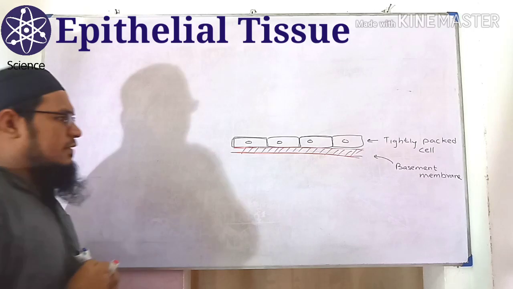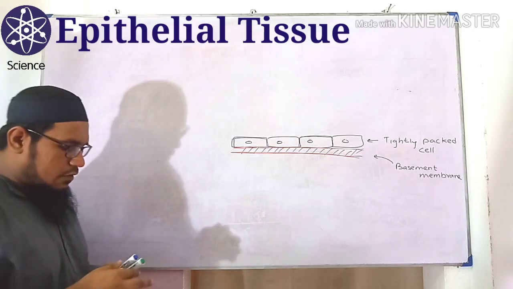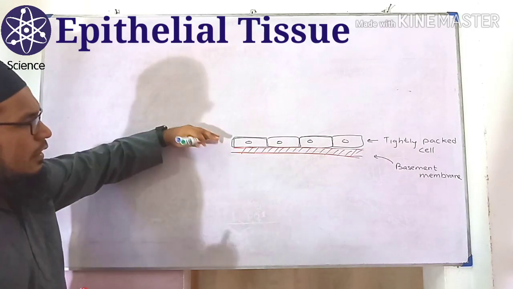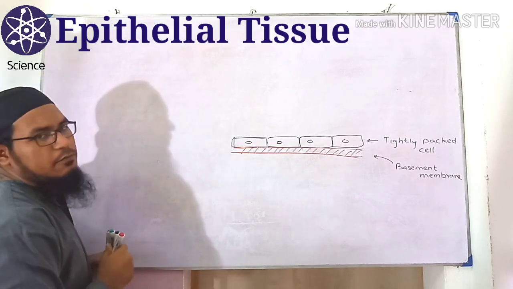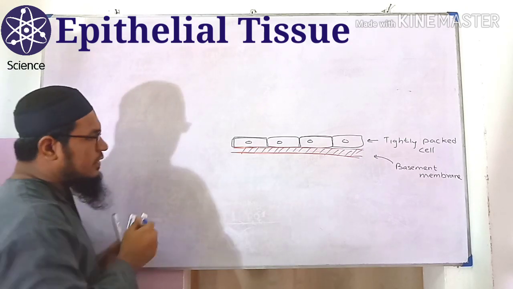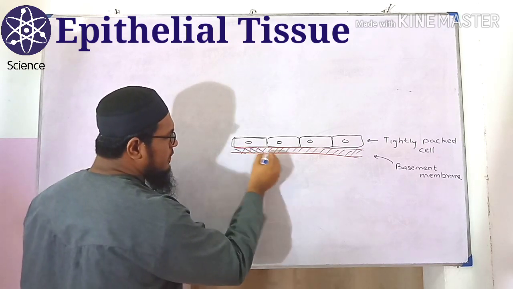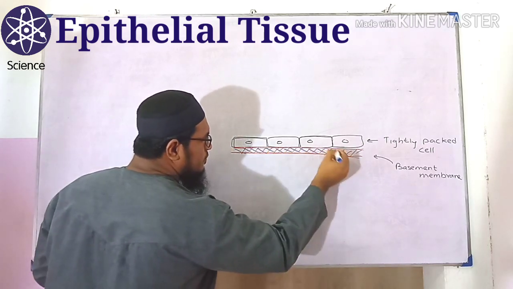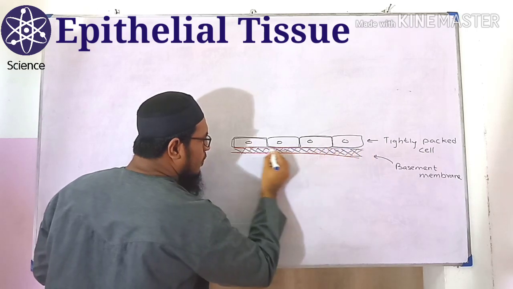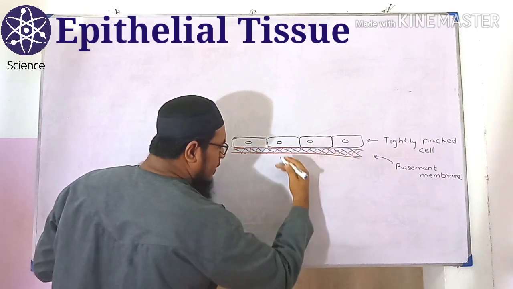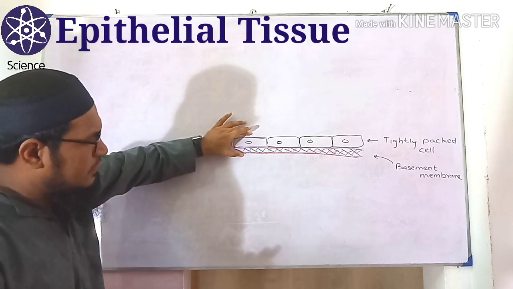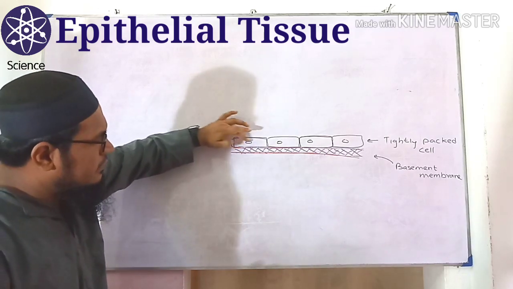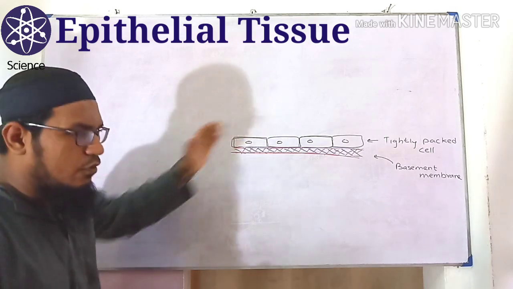And the next feature is that this epithelial tissue does not have a direct blood supply. Now if we consider the basement membrane, there are other cells below the basement membrane. This is the topmost part of the organ, and this is the epithelial tissue which is covering that whole organ.